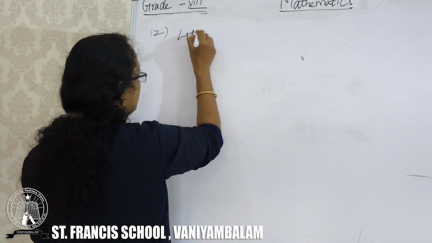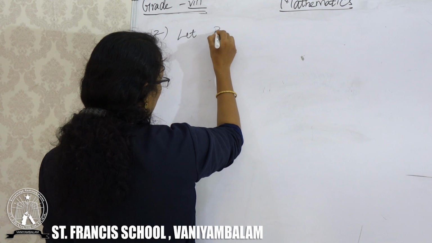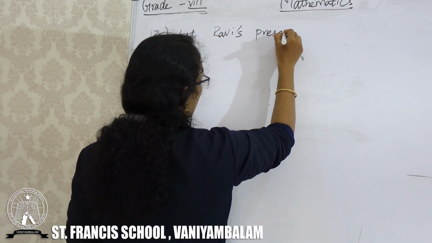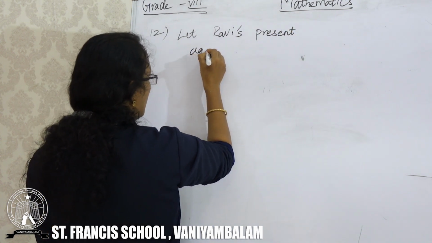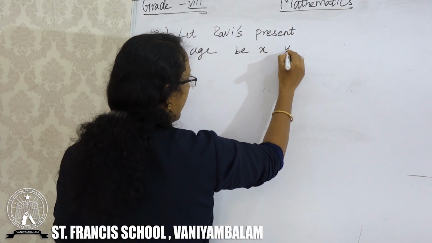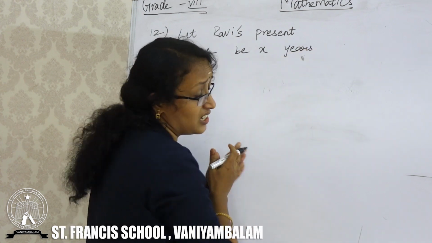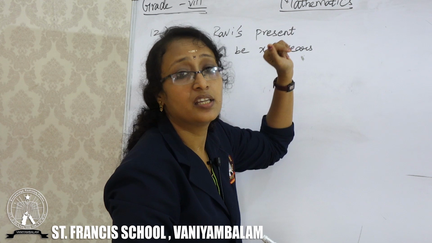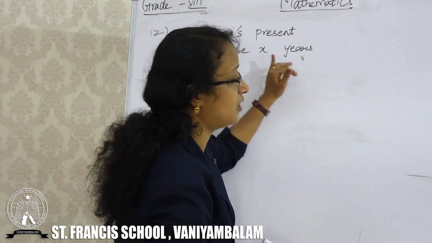So let us take, let Ravi's present age be x years. Because it is an age problem, you have to write the units. What is the unit here? Years. So let us take the age be x years.